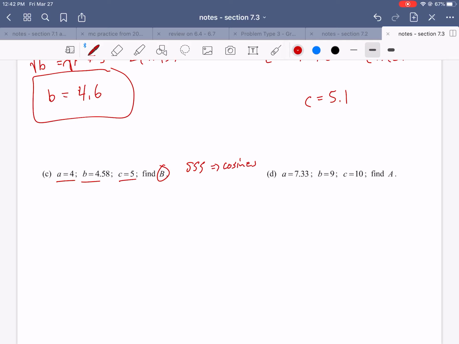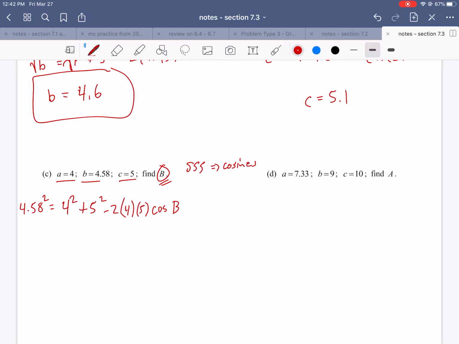The version of the law of cosines that I'm going to have to use is the one where we have cosine of B. So cosine of B is going to be right here, and that means that little b needs to be on the left-hand side of the equation. So this is going to say 4.58 squared is equal to 4 squared plus 5 squared minus 2 times 4 times 5.